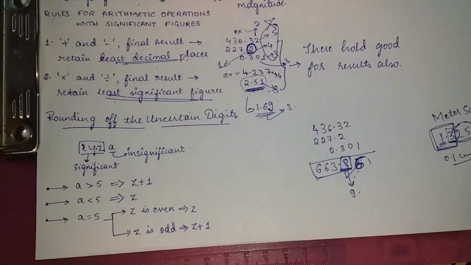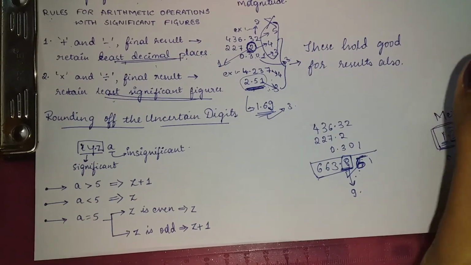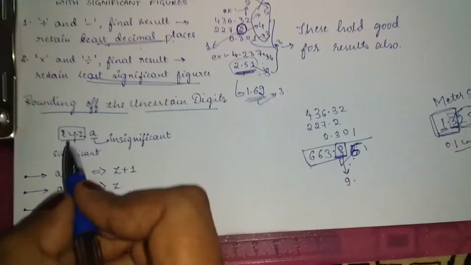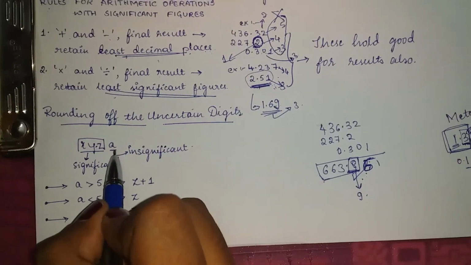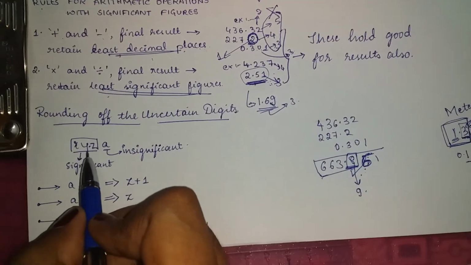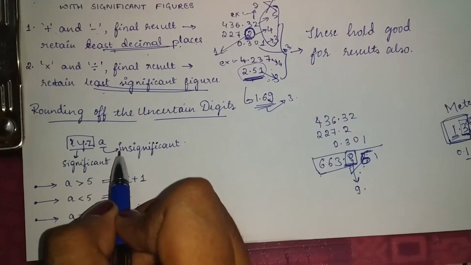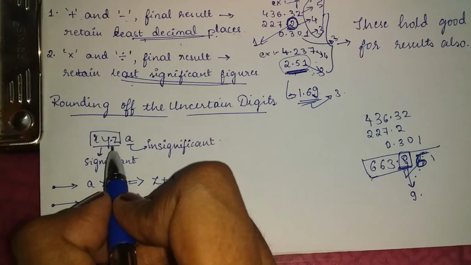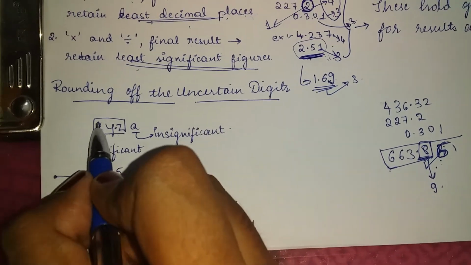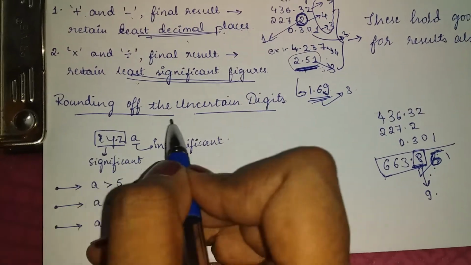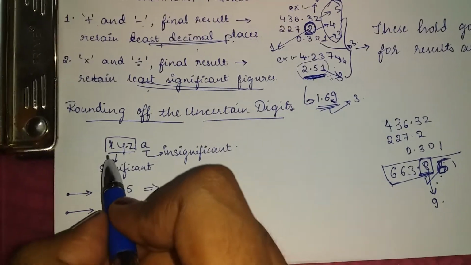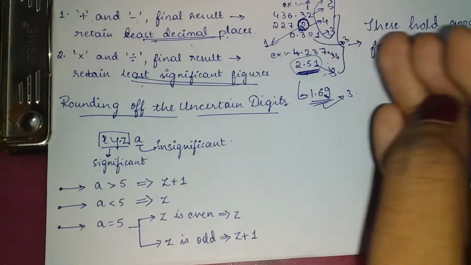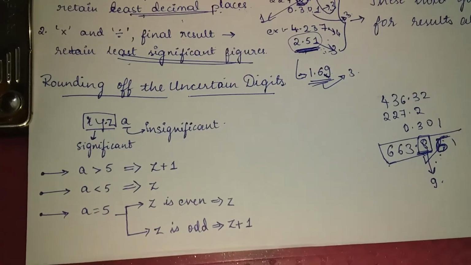Next, coming to the rounding of the uncertain digits. This is one of the concepts that you need to know. I have not taken the example of any number here. I have taken it in terms of xy.za, just as an indication. Here xy are pre-decimal digits, za are after decimal. So what is significant, insignificant, and uncertain?